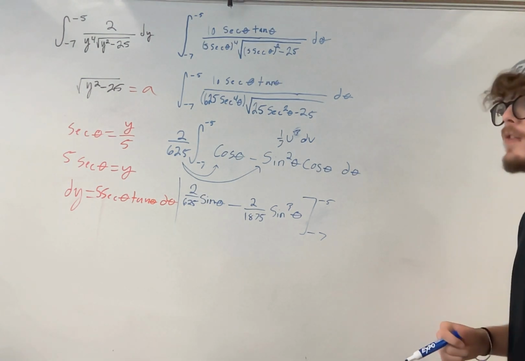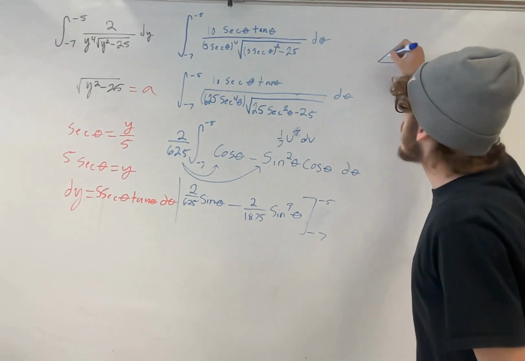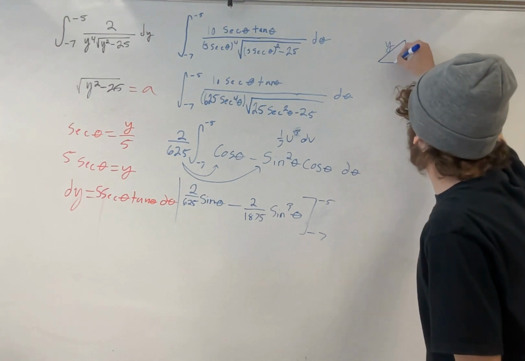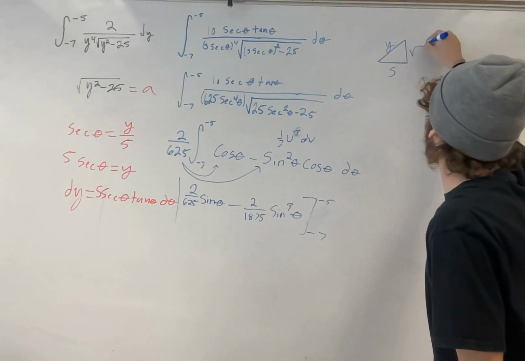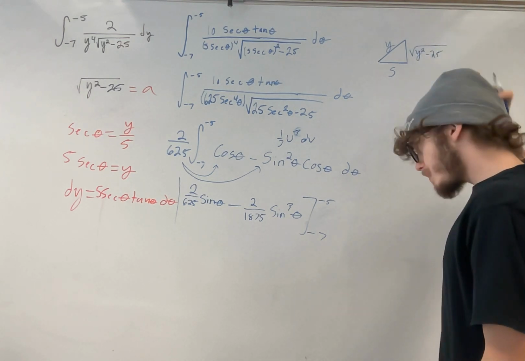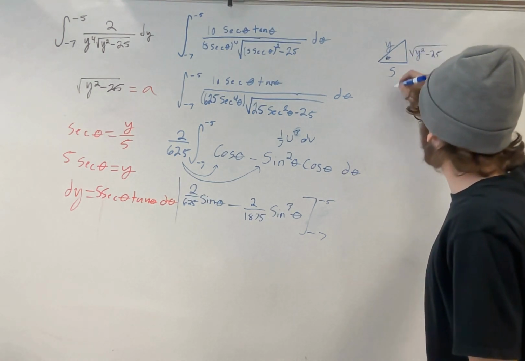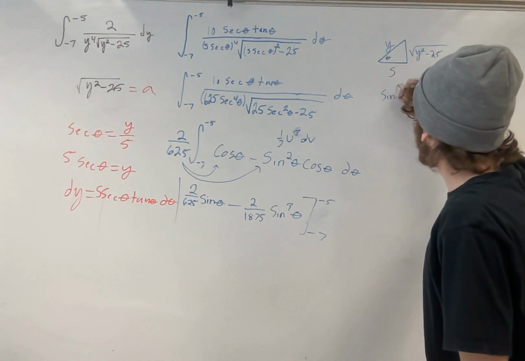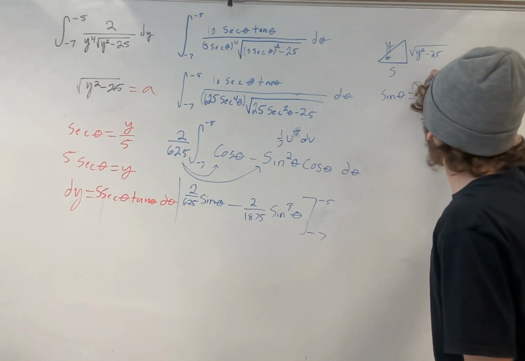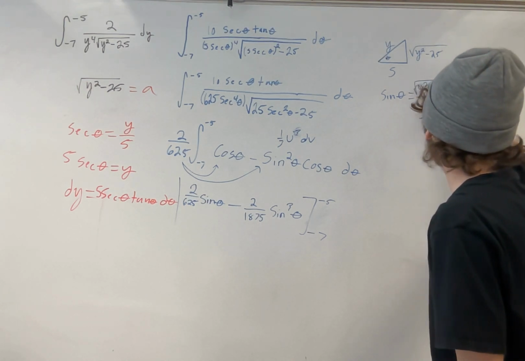I kind of prefer to do it that way. It's more thorough. So remember our triangle here, we said that y was here, 5 was here, and the square root of y squared minus 25 was here. Okay, and theta's here. Sine of theta we found to be equal to the square root of y squared minus 25 over y.